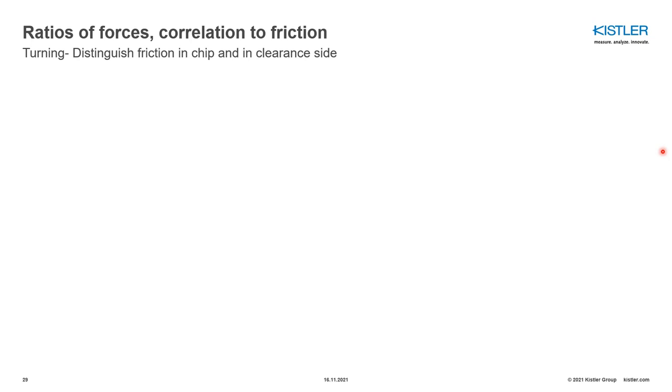There is another procedure to make it more right, because when we look at cutting force measurement, we need to distinguish the forces coming from the clearance side and from the rake side of a turning operation. To do that, we need to follow a special procedure.